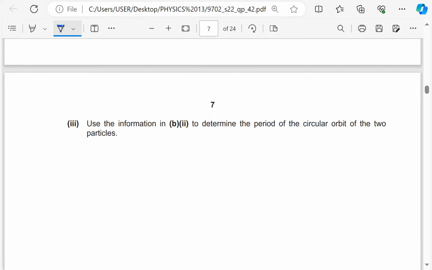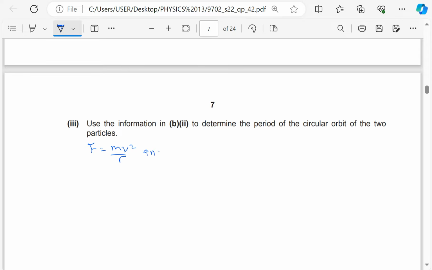Then use the information in B Roman 2 to determine the period of the circular orbit of the two particles. So we have already said the electric force is providing the centripetal force. But we know that the centripetal force is given by mv squared divided by r.